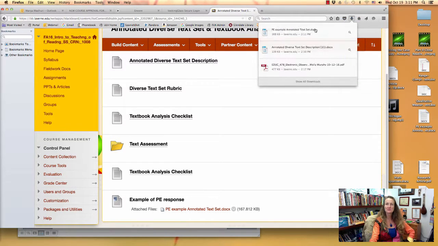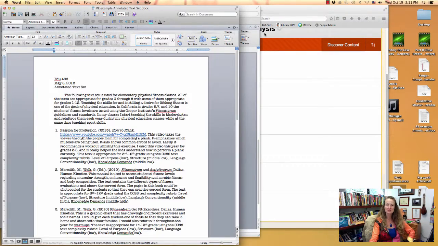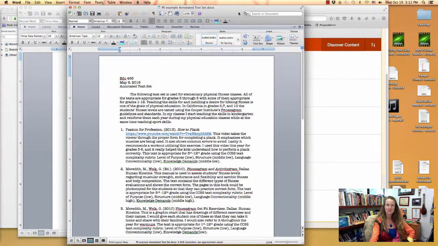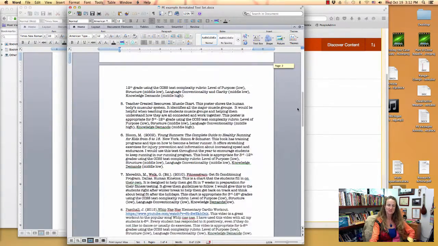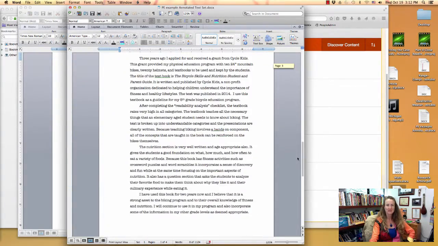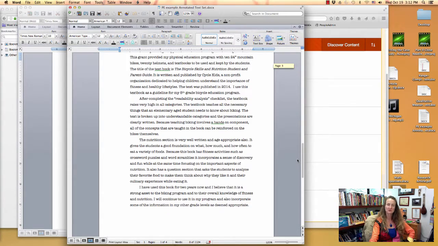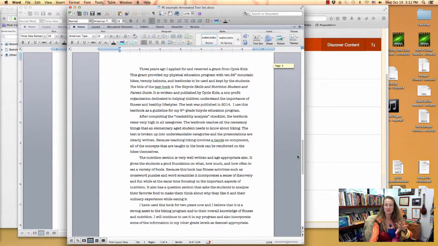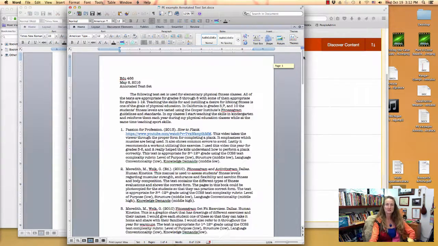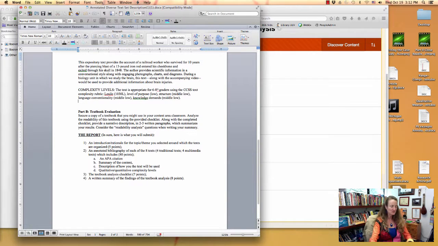The only thing missing from this is the textbook analysis checklist, but she did do the introduction and a description of her 8 different kinds of texts and the descriptive part of the textbook analysis. We just don't have the actual document. So that should give you a little bit of guidance. If you have any questions, of course, feel free to ask.